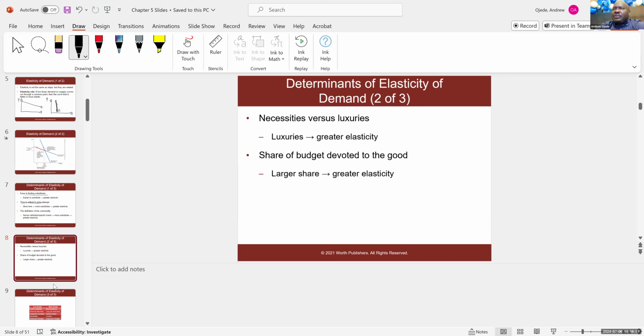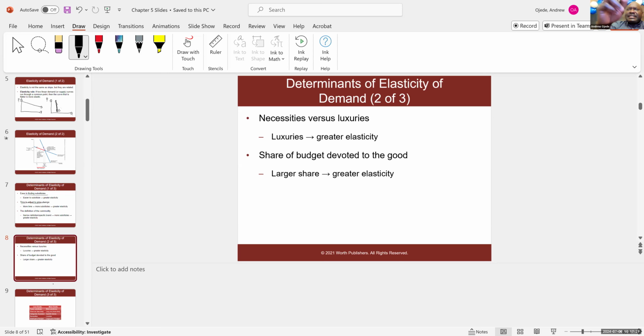Compare that with the demand for a luxury good like a Lamborghini. When the price of a Lamborghini goes up by 1 percentage point, who cares? We're going to drive a Honda or Toyota, cheaper alternatives, substitutes, right? So luxury goods have greater elasticity, necessary goods have smaller elasticity, so they're more inelastic. The smaller the elasticity, the more inelastic a good is. The bigger the elasticity is, the more elastic the good is.